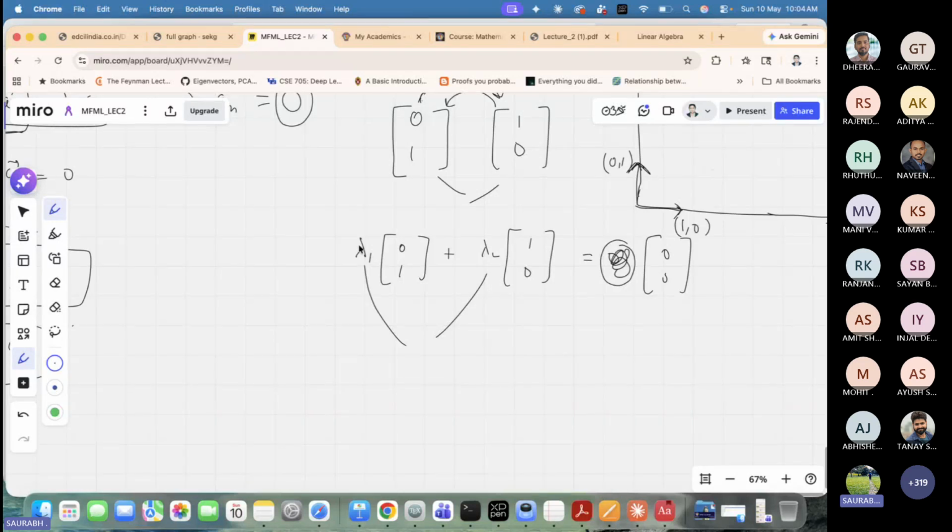You cannot take lambda 1 as 1 and lambda 2 as 0. The only way they can become 0 is if you take both as 0, and then you get the output 0, 0.